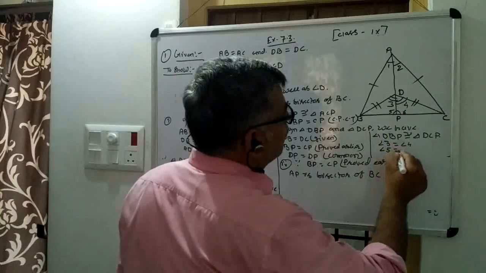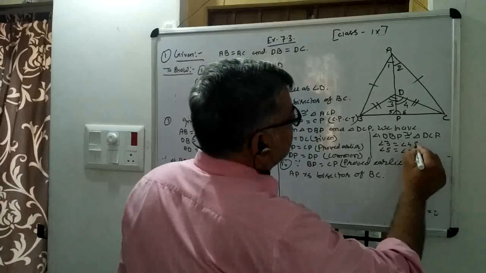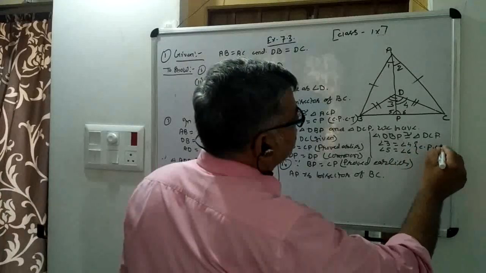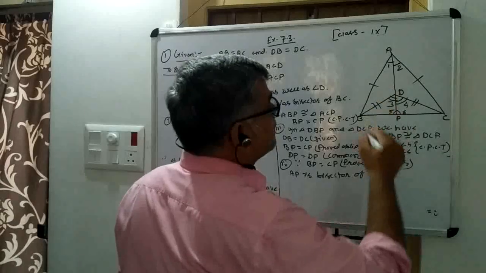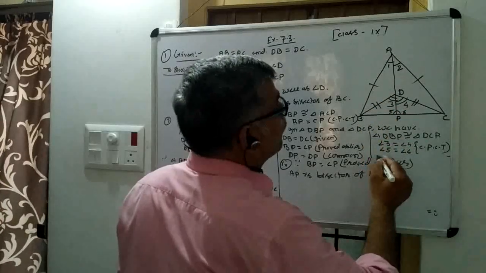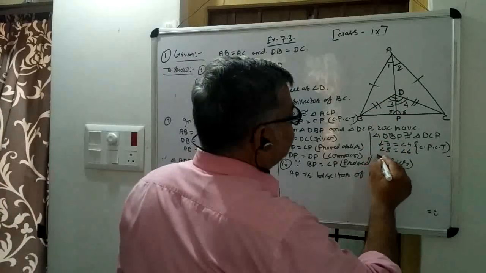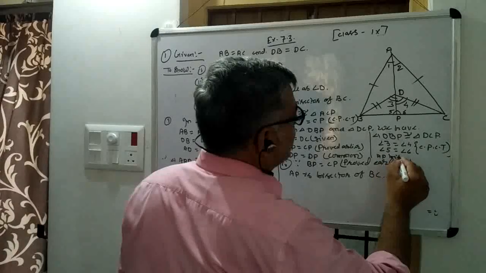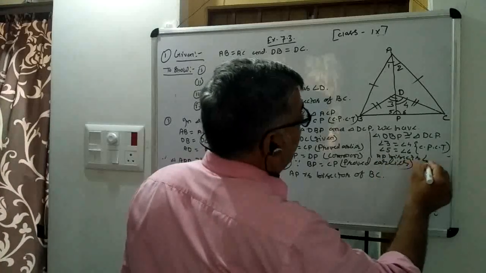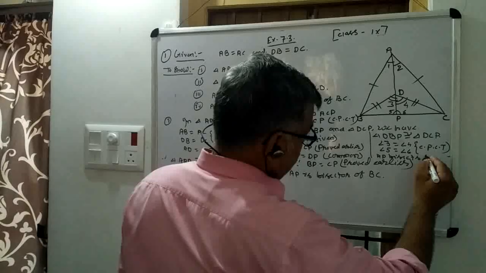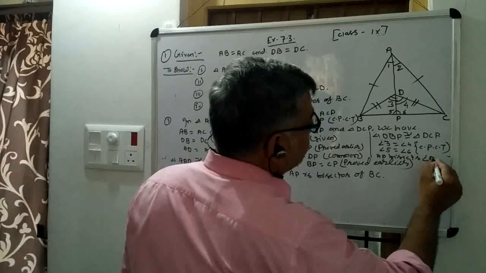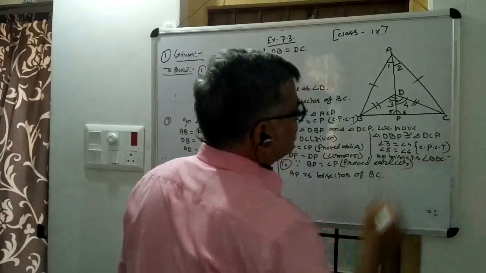Angle 5 also equals angle 6. And these two are from CPCT. And hence we also prove that since 3 equals 4, AP bisects angle BDC also. This is also proved here.